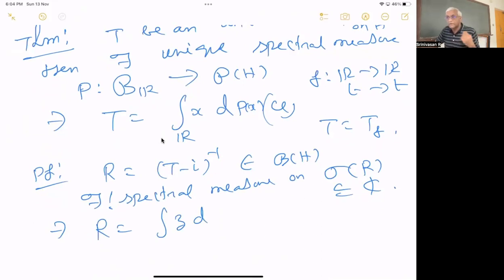I want to use some other notation because I want to use P for this. So there exists a P prime, d P prime(z). I mean, this is just a notation. This is just a spectral measure, but the set is contained in C.